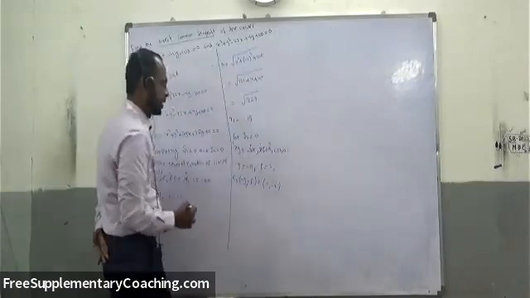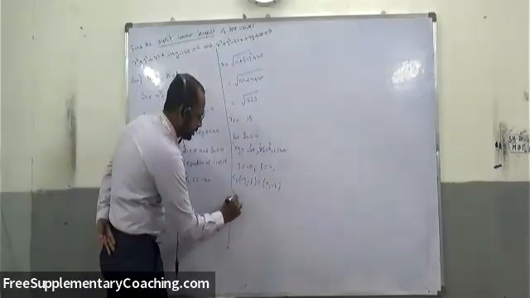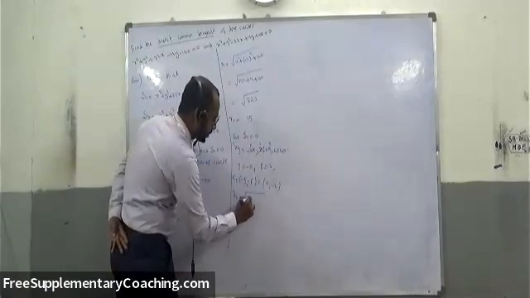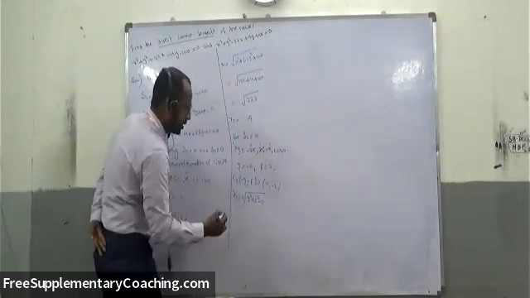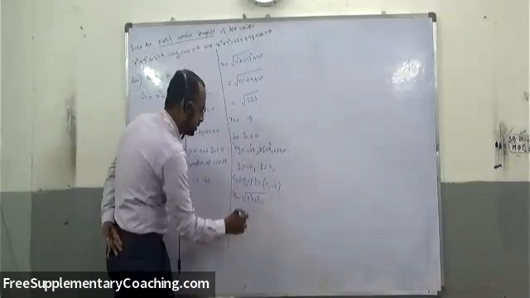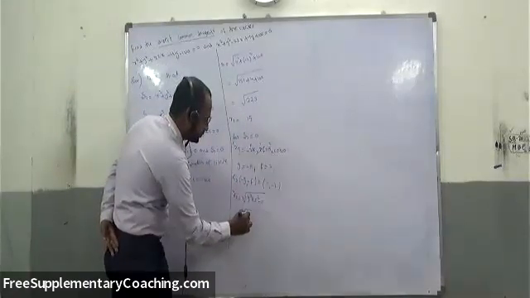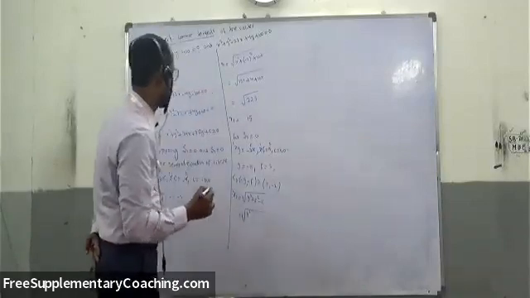Okay. Now we will find R2, that is R2 is equal to root over G square plus F square minus C. G square means 11 square. Okay.